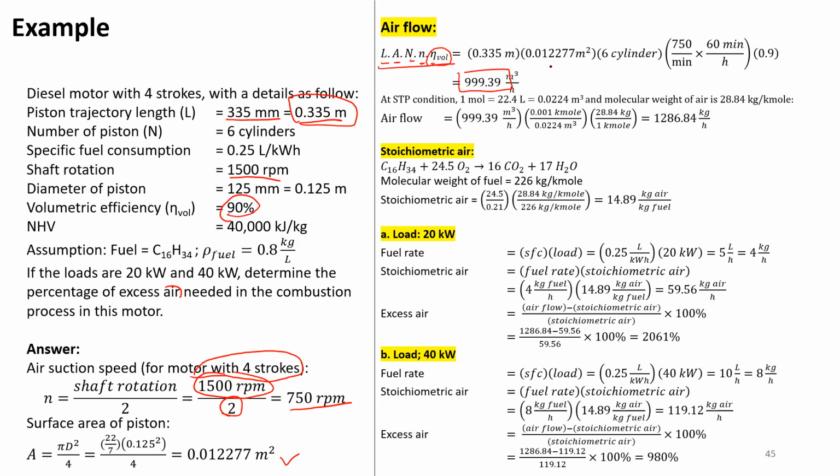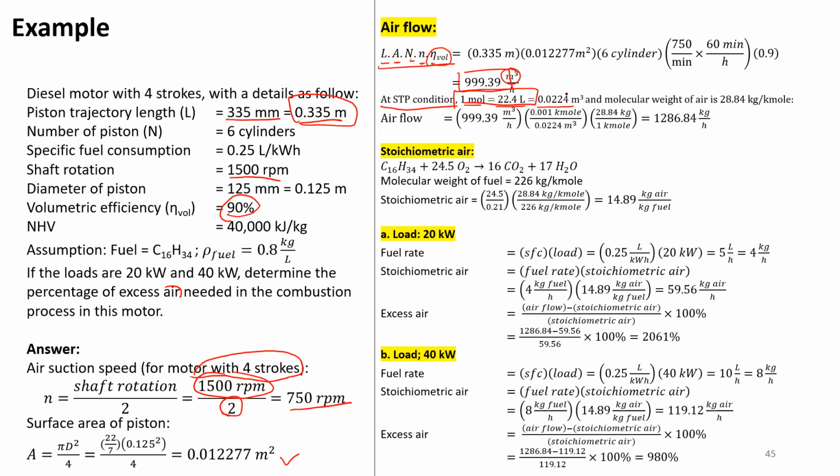Then we can assume that this condition is STP, standard temperature and pressure, where 1 mole is equal to 22.4 liters, based on using PV equals nRT. Assuming STP, we can get this relationship. Or we can change the unit, because it is in cubic meters, then we will get 0.0224 cubic meters.